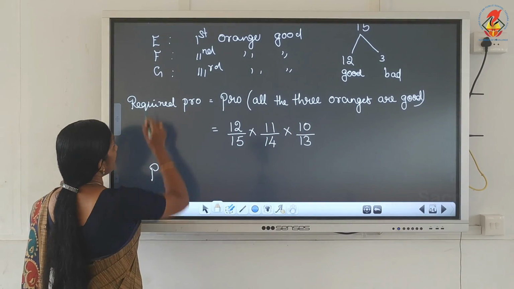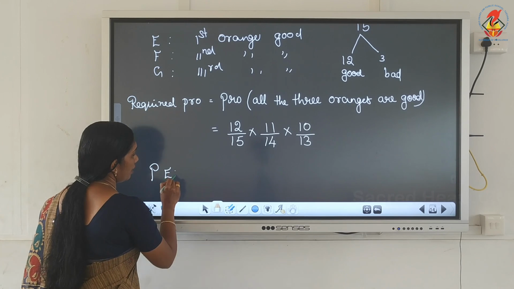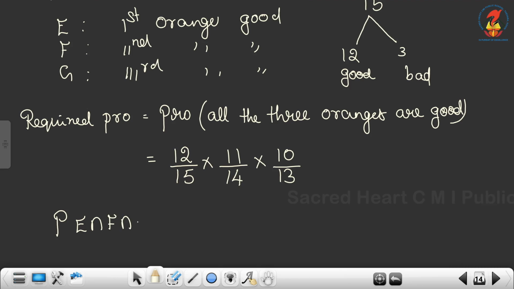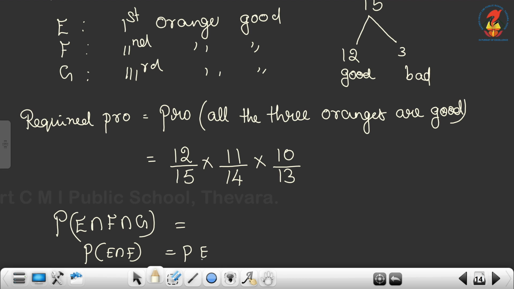If we use E, F, G, we want P of E intersection F intersection G. We know P of E intersection F is equal to P of E into P of F given E. This is the multiplication theorem on probability of two events.